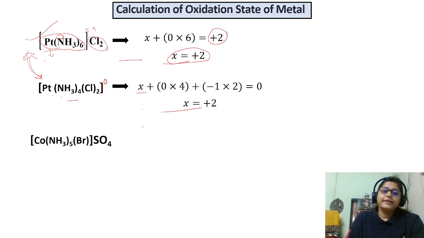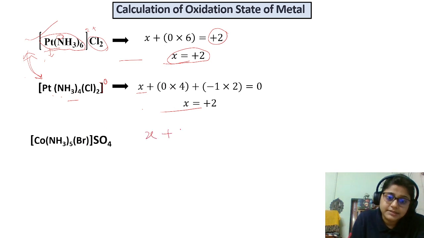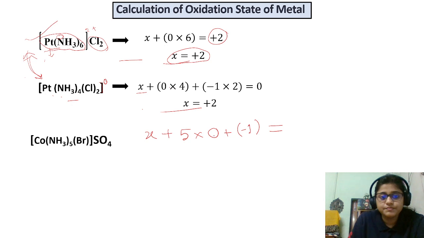So let's calculate the oxidation state for this. Let's take it X plus 5 into 0 plus minus 1 into 1 equals 2 negative. Sulfur is always 2 negative.